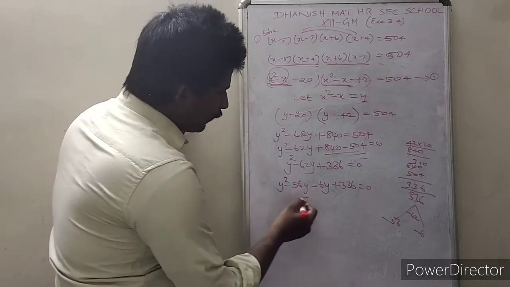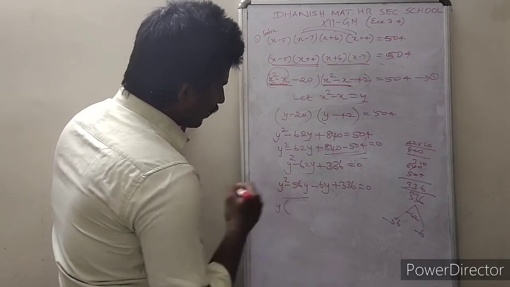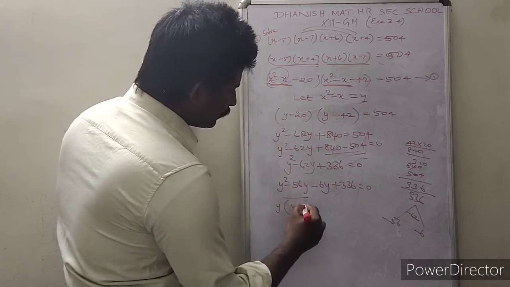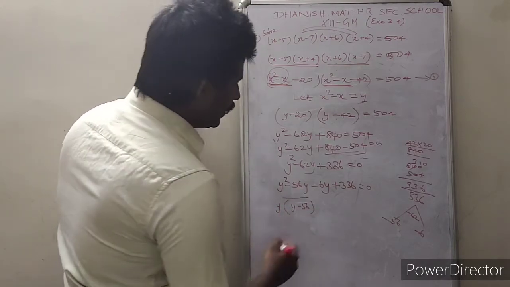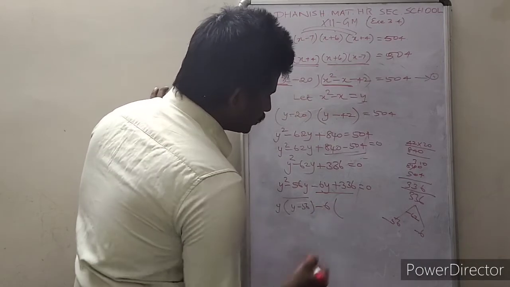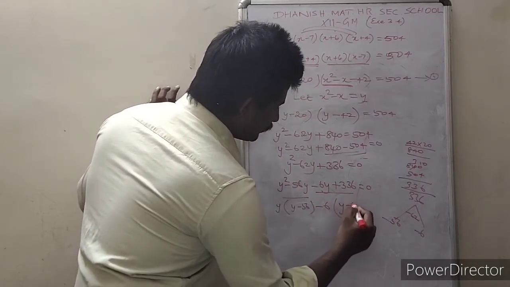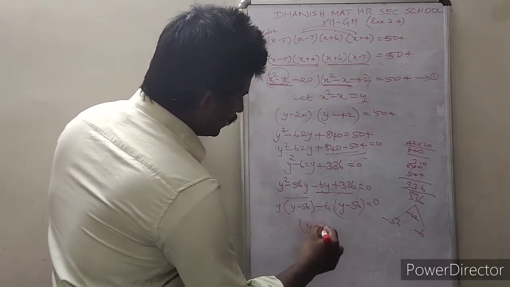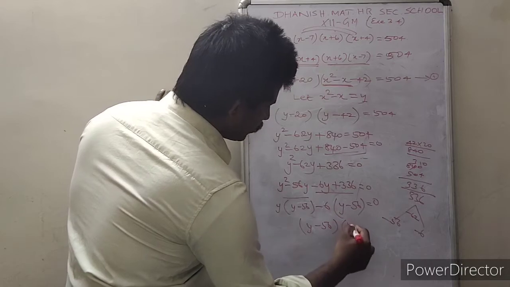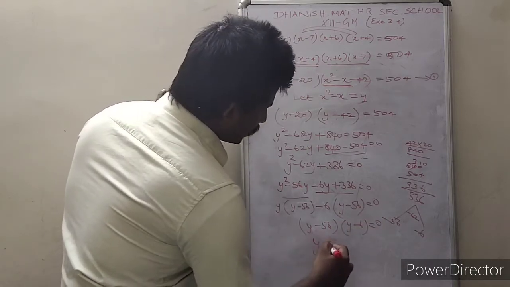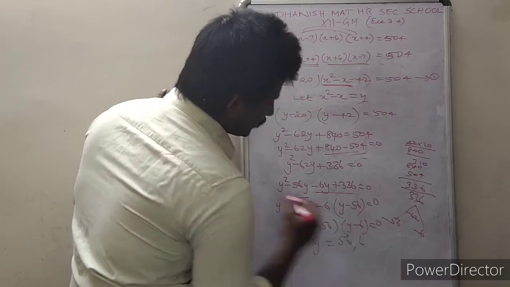From the first two terms, I take y as a common factor: y into y minus 56. Similarly, from these two, I take minus 6 as the common factor: y minus 56. So our factors are y minus 56 into y minus 6 equal to 0. So our y values are 56 and 6.